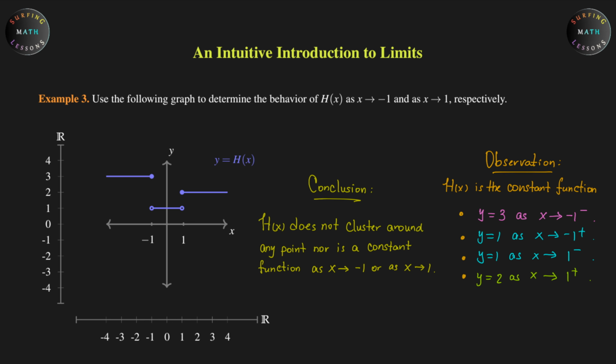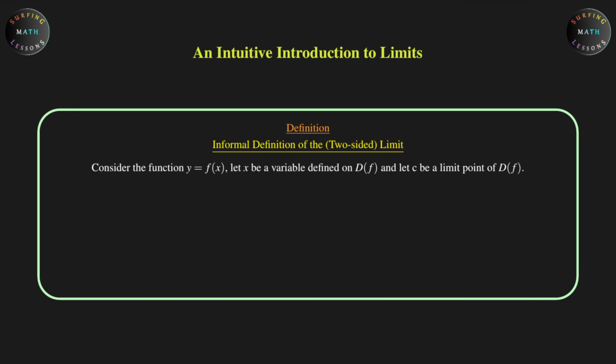It is the constant function y equals 1 as x approaches minus 1 from the right, or as x approaches 1 from the left, and it is the constant function y equals 2 as x approaches 1 from the right. After these examples, we are better equipped to give an informal and intuitive definition of the concept of limits.